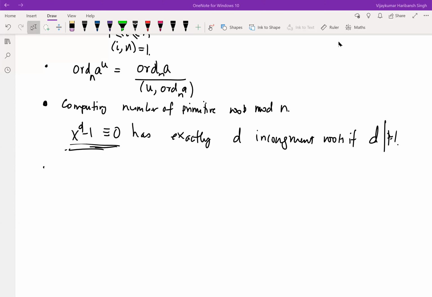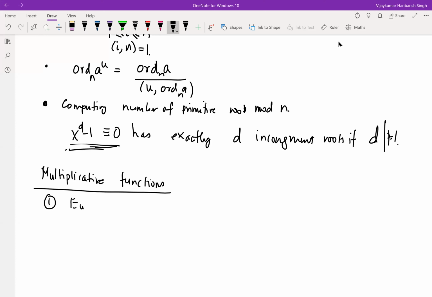Then we talked about multiplicative functions, right? In multiplicative functions, we discussed the Euler phi function and the properties of Euler phi function.